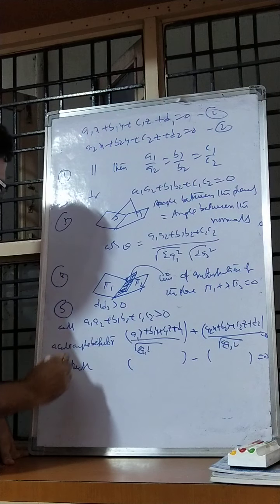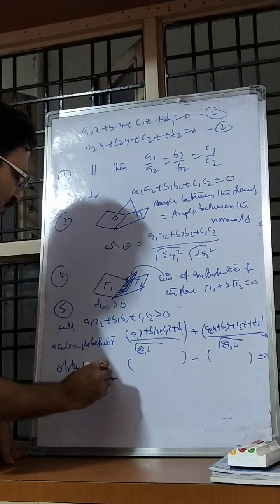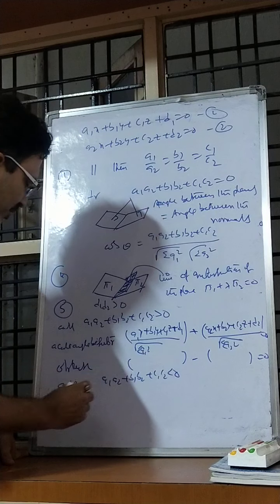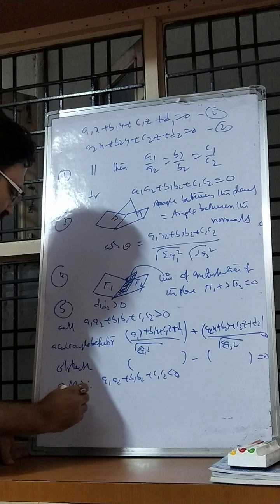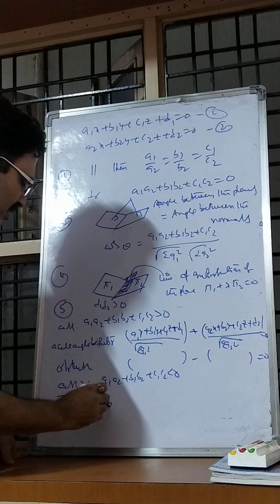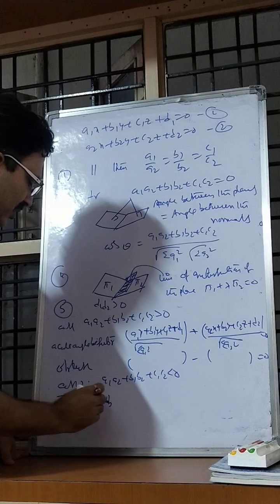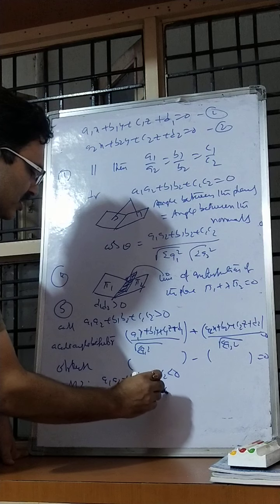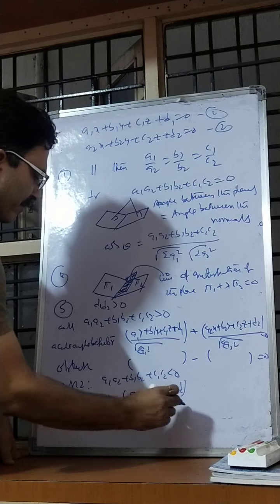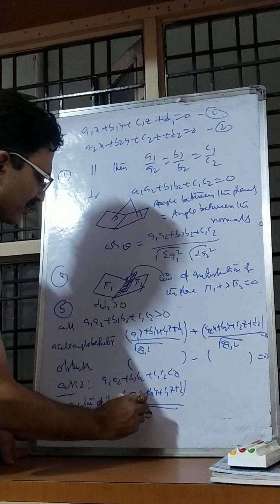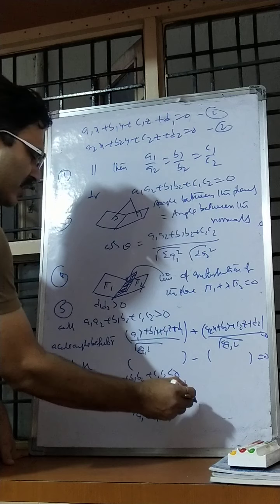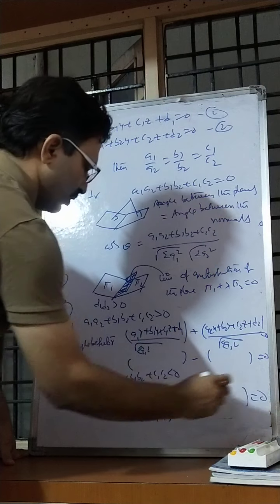This is case 1. Case 2 is, suppose a1 a2 plus b1 b2 plus c1 c2 is less than 0. Then the acute angle bisector you can write as (a1x plus b1y plus c1z plus d1) divided by root of a1 square plus b1 square plus c1 square, here negative, minus you have to write, and it is 0.